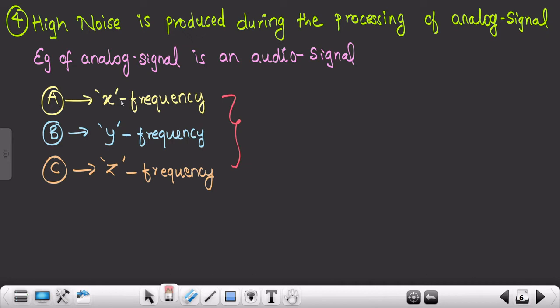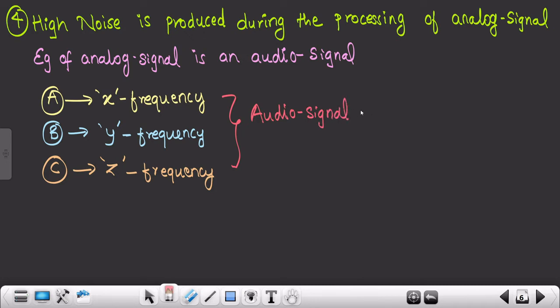One friend banging the bench produces a sound wave of Y frequency, and another banging his tiffin produces a sound wave of Z frequency.